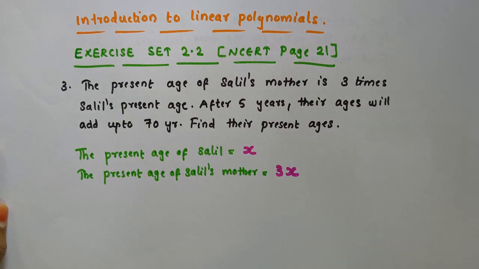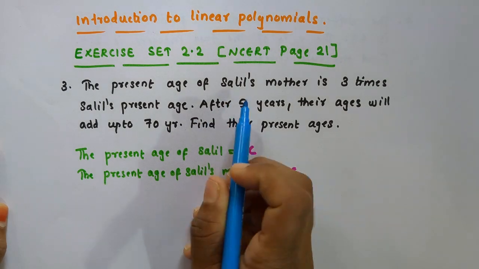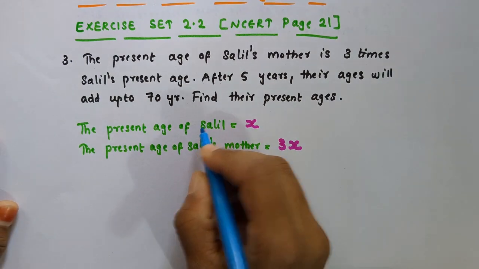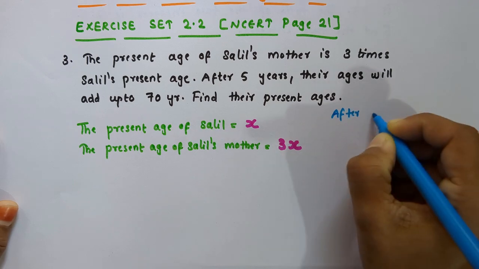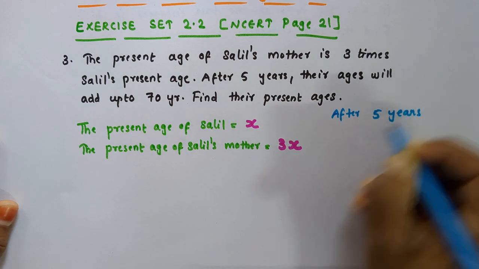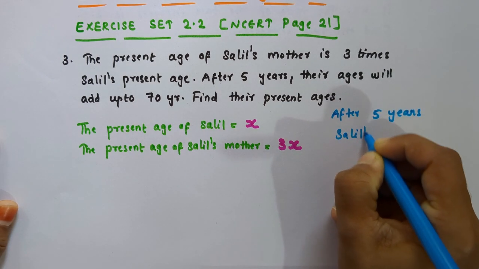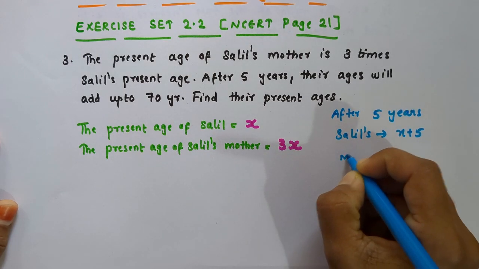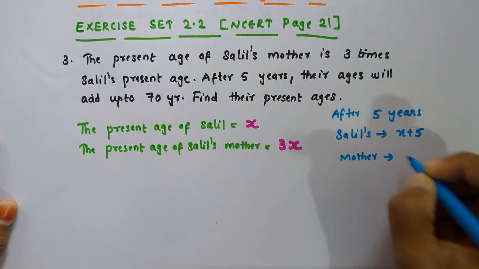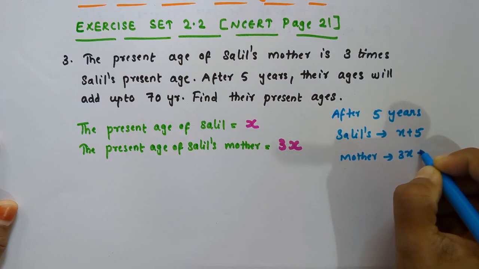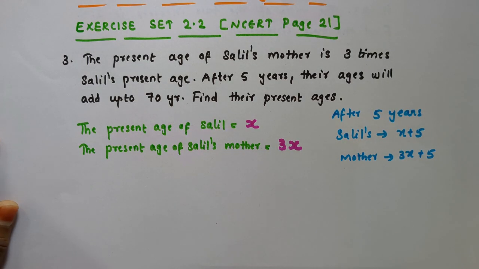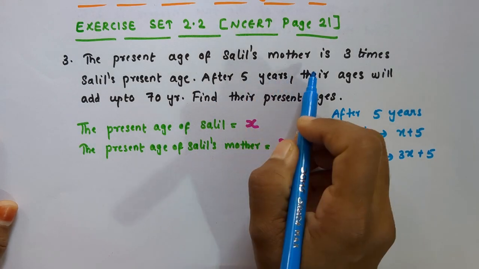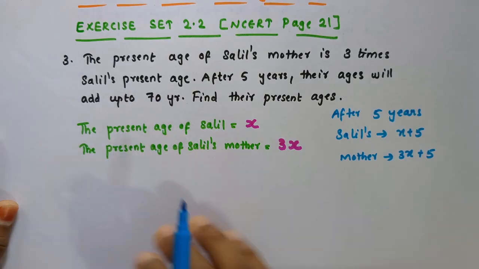Now, according to this question, after 5 years, Salil's age will be x plus 5, and Salil's mother's age will be 3x plus 5. Now, according to the question, after 5 years, their ages will add up to 70 years.